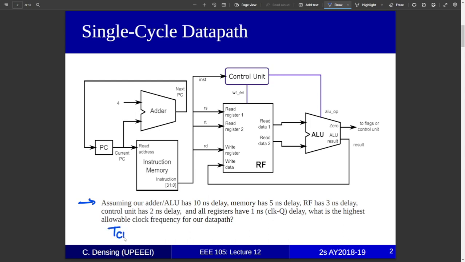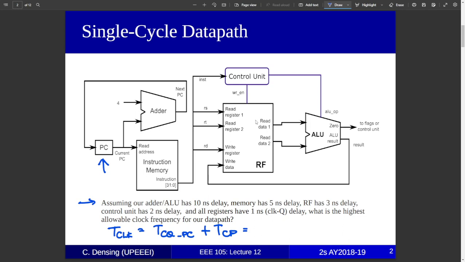The clock period has a formula for this, which is the clock to Q of the PC plus the critical path plus the setup time of wherever we want to write the data into. But since we're not given setup time, we're not going to account for that as of yet. So we only have to account for the critical path and the clock to Q delay.